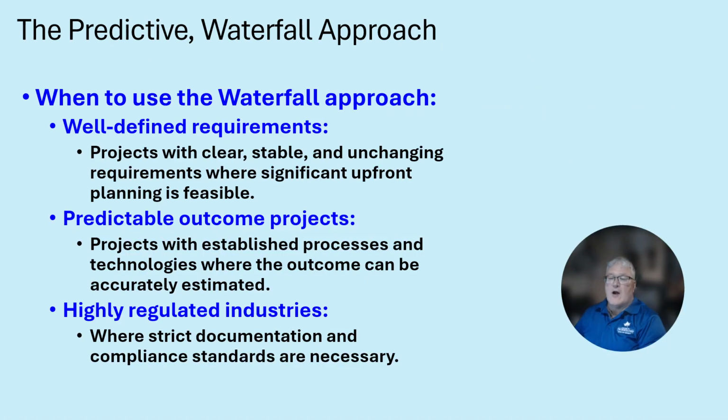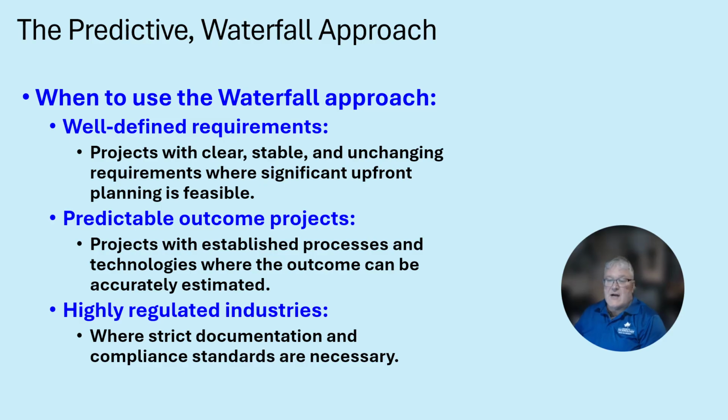When do you use the waterfall approach? When requirements are well defined, for projects with clear, stable, and unchangeable requirements where significant upfront planning is feasible. It has a predictable outcome. For instance, it's often used with building a house, not a cookie cutter, repetitive type of house, but a special house, a spec house, in construction management. There's several variables. You get together the build, you've got to get the permits, things like that.